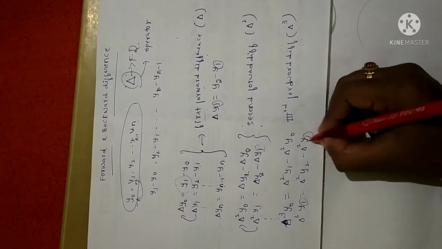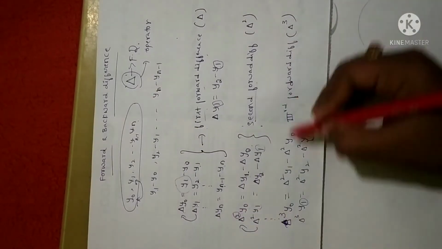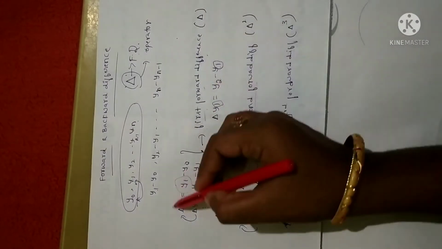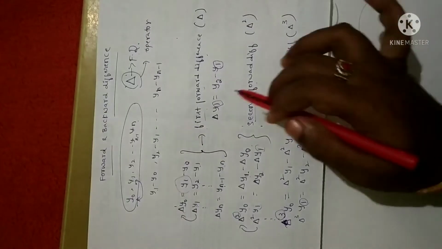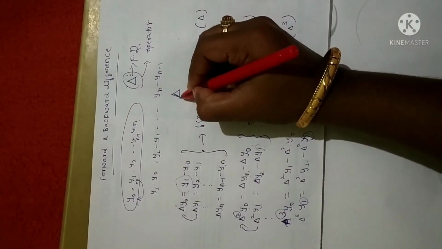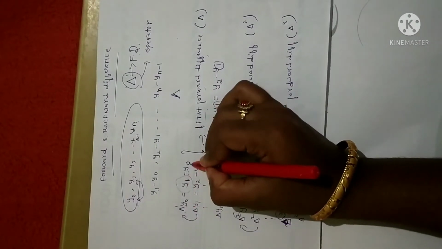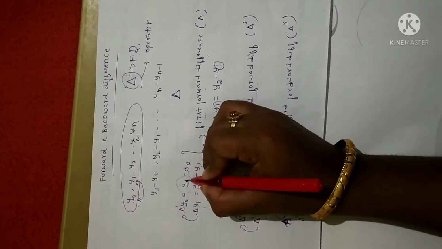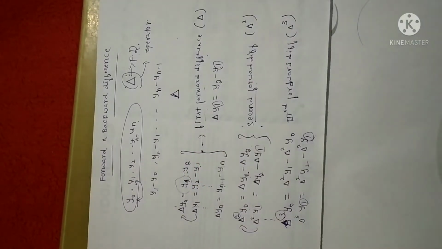Remember, here and here the suffix should be the same, and for the second difference a square will come, for the third difference a cube will be there, for the first difference 1 will be there. It is understood, you need not write 1 here. Just remember that whenever you have forward difference, you use the symbol delta, and we take the difference of largest minus smallest, in terms of suffix, 1 is the largest suffix and 0 is the smallest suffix. So this is what the forward difference is.